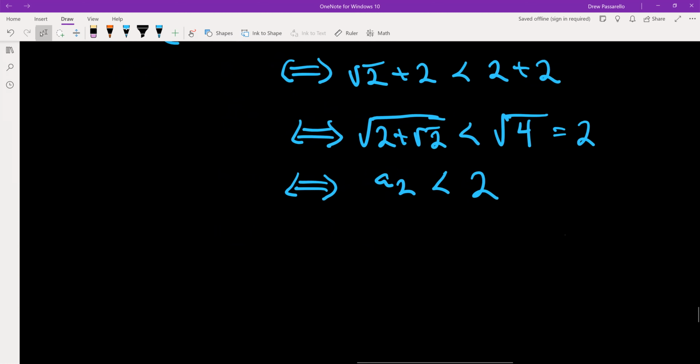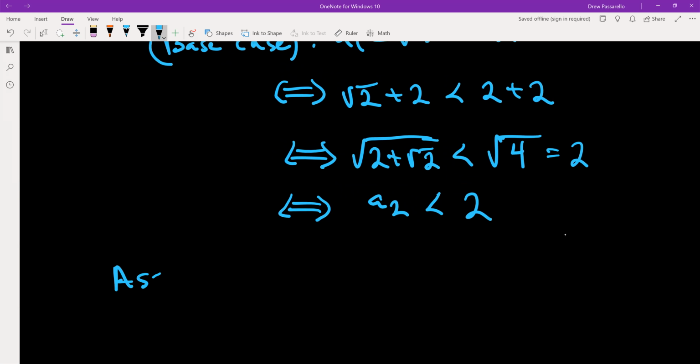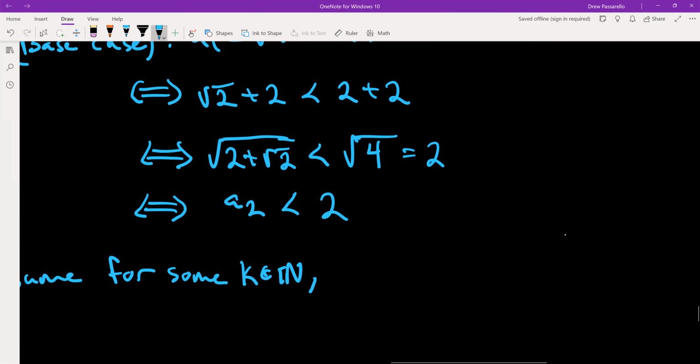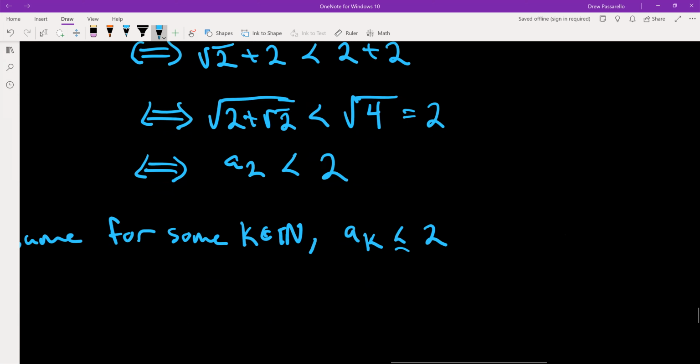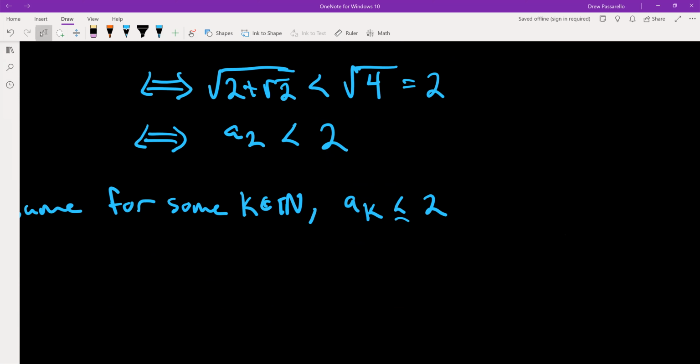So now assume for some k, we have that ak is less than or equal to 2. And I'll do kind of what I showed here. I'm going to add 2 to both sides.